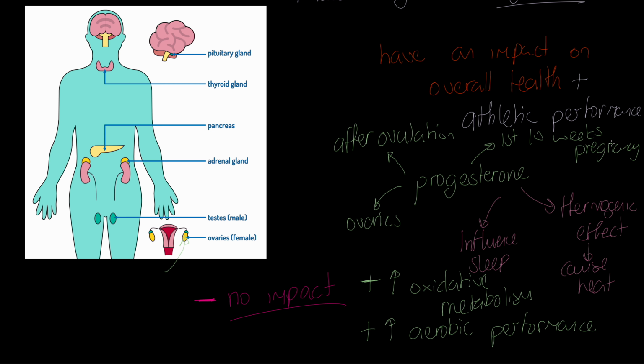Now, this here is actually a really important statement because, and this is awful by the way, there were numerous cases, and I'm not going to name countries, but if we go back to the 70s and 80s, there were enforced pregnancies, and I'll rephrase that. Young female athletes were caused to become pregnant.